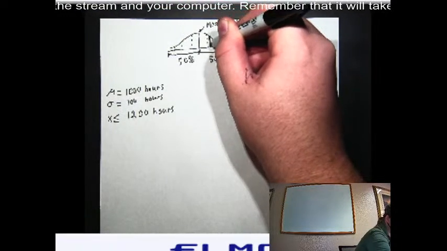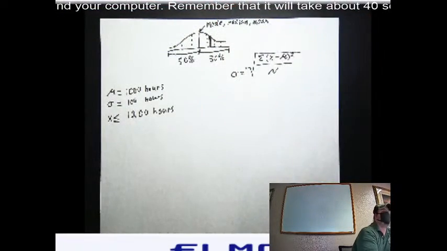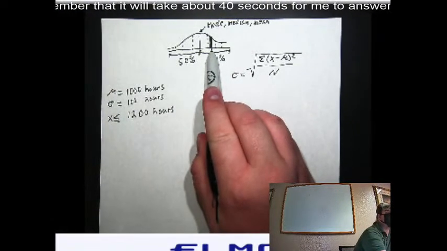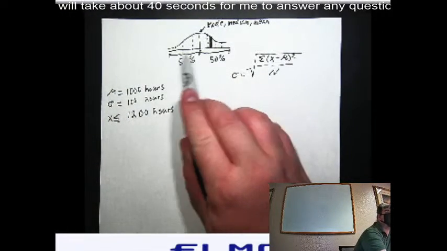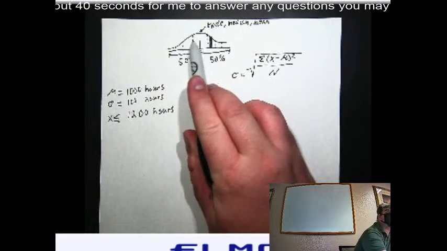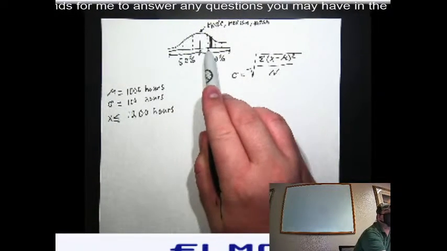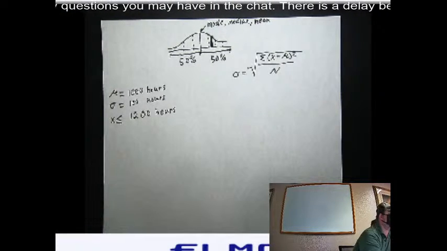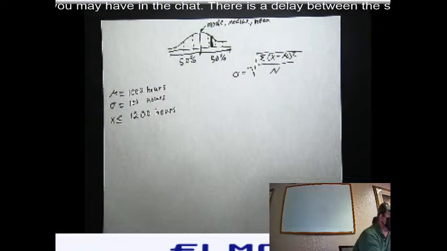I'll make it a big, thick line. Okay. So if 1,200 is right around here, what we want to know is how much of our data is behind it. So what is the area of this shape behind it? And that will give us the probability. Make sense so far? Okay.